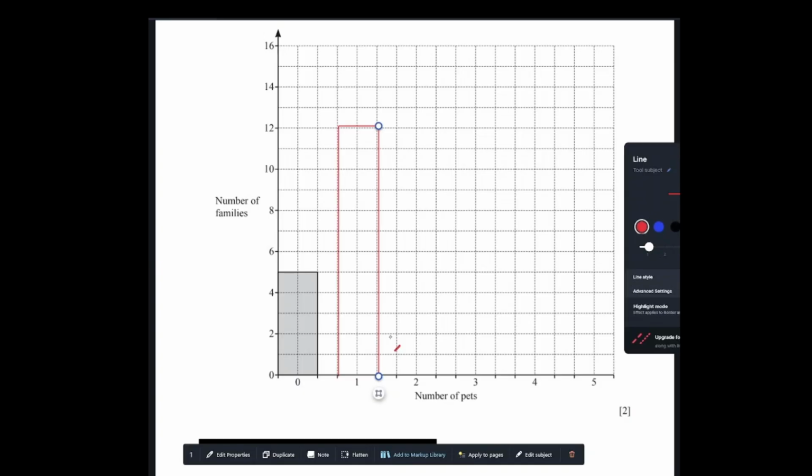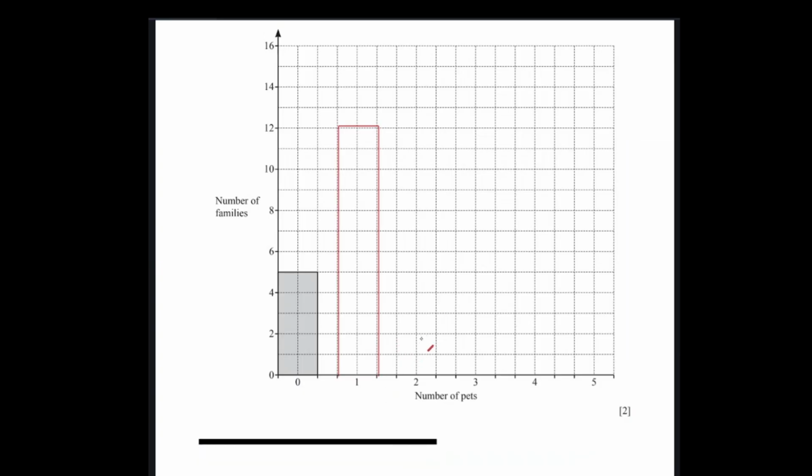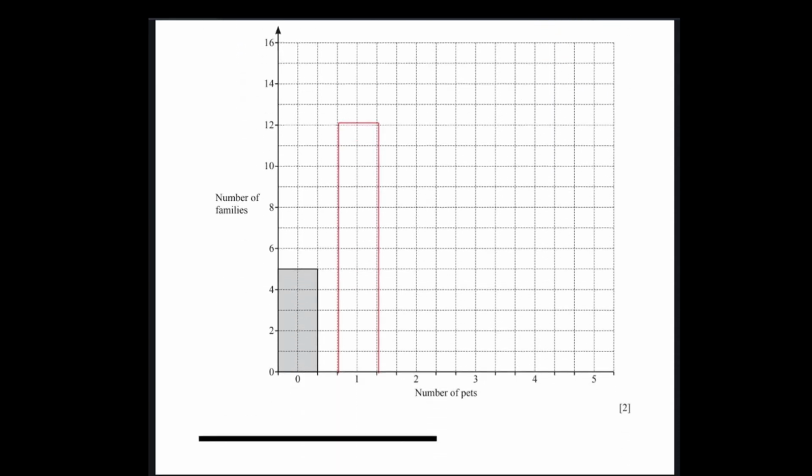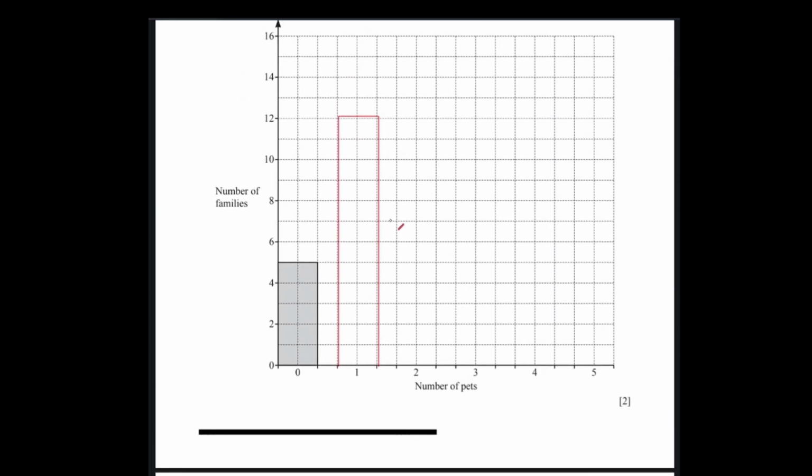Okay, then 2 is how much? 15. So your bar should be here, between 14 and 16 is 15, so it should be here till here. This is 15.